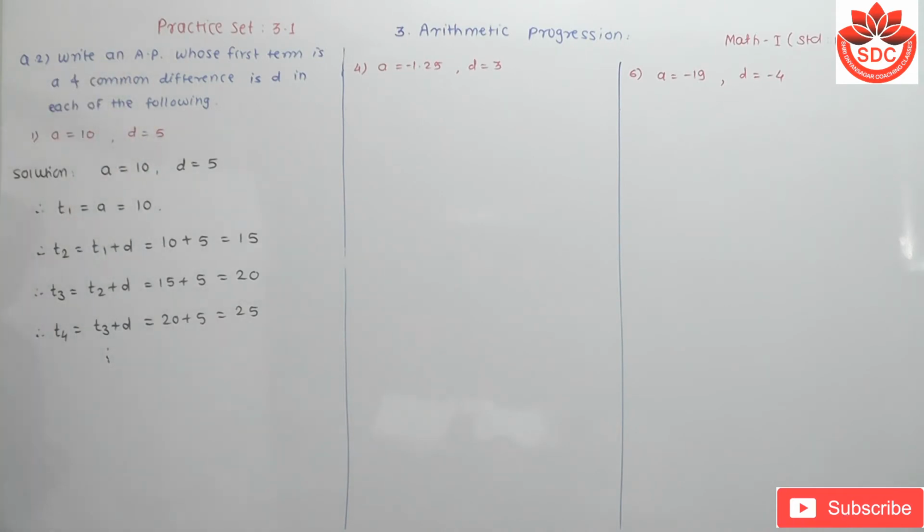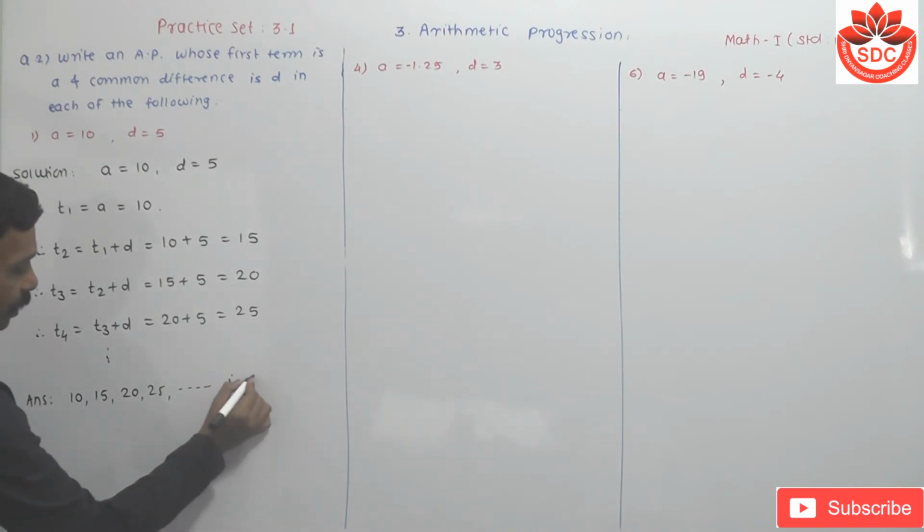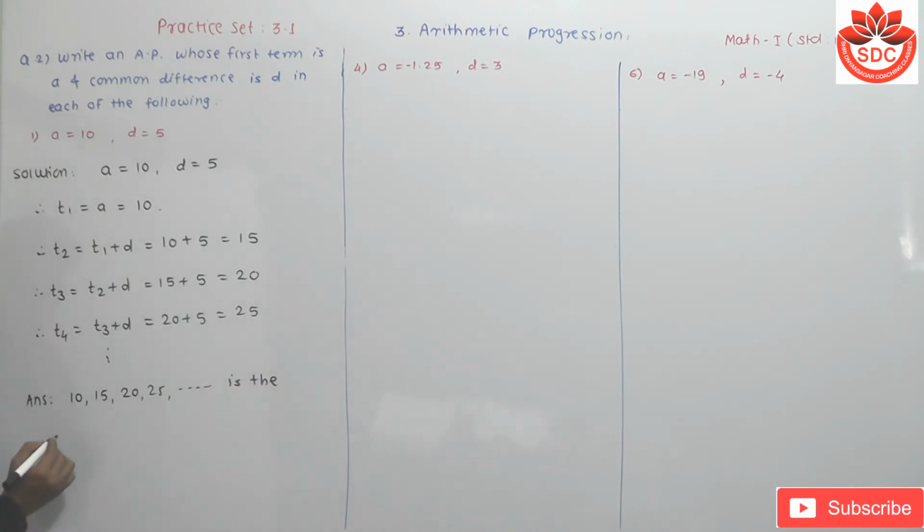So the answer is: 10, 15, 20, 25, and so on is the required AP. So simple.